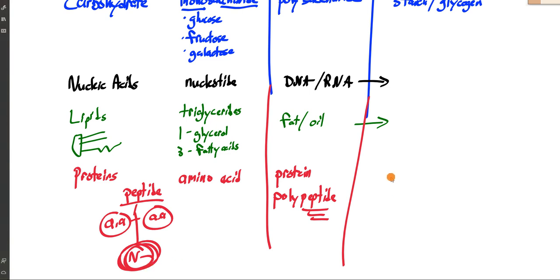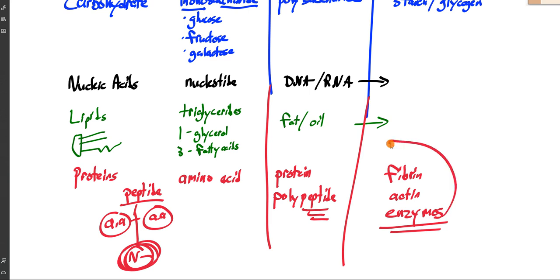So examples of proteins are things like ones we will focus on in this course, like fibrin, like actin or myosin, or right now in this unit, all enzymes, which are things that speed up reactions, I'll make a video about that next, are made of proteins. And some of those enzymes digest lipids or nucleic acids or carbohydrates, and some of those enzymes also digest proteins. So that's interesting. You can make a protein whose job it is to digest proteins.